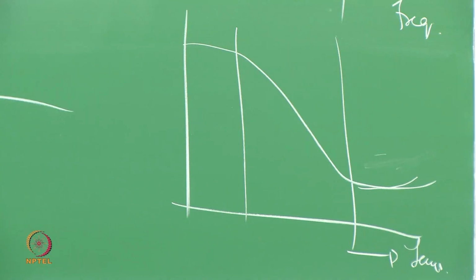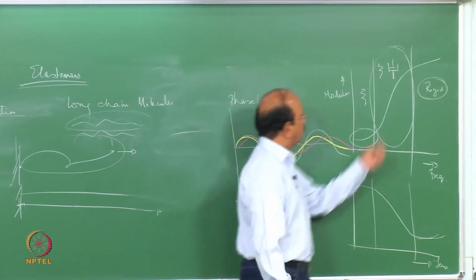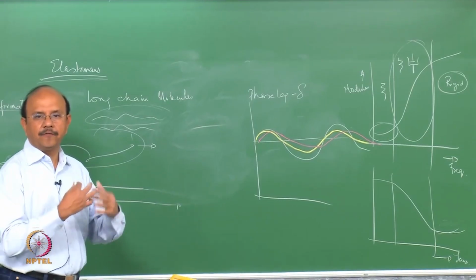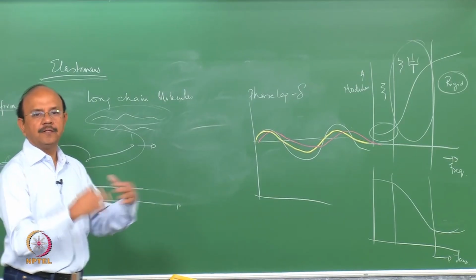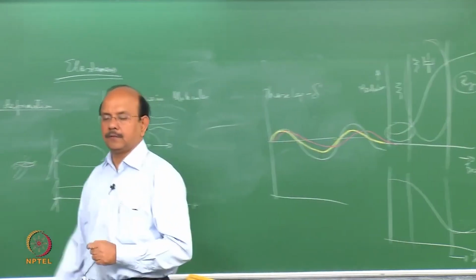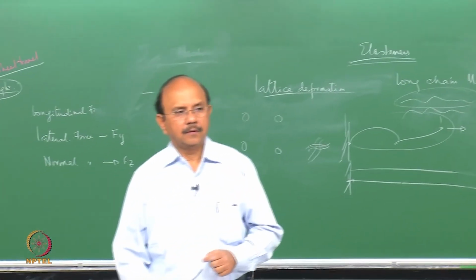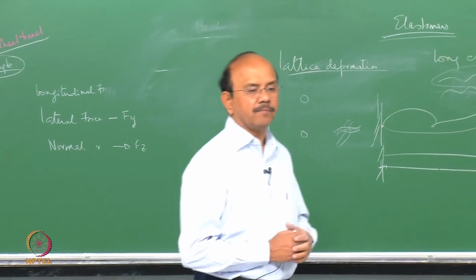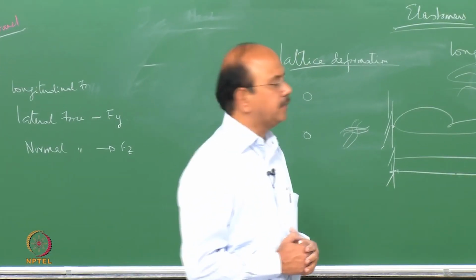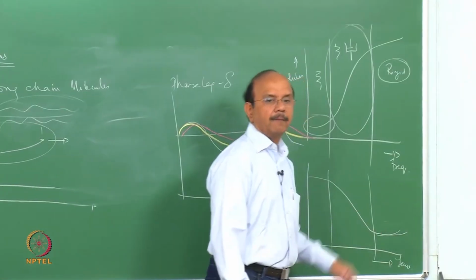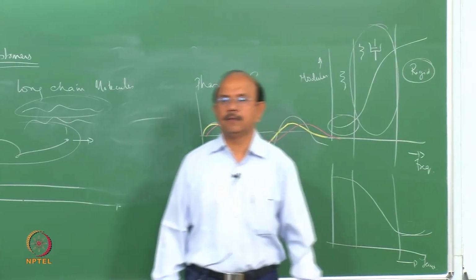So if you compare this graph with this, you would notice that the temperature effect is the inverse of the frequency effect. We will see that there's a relationship between the two, which is called the WLF relationship.